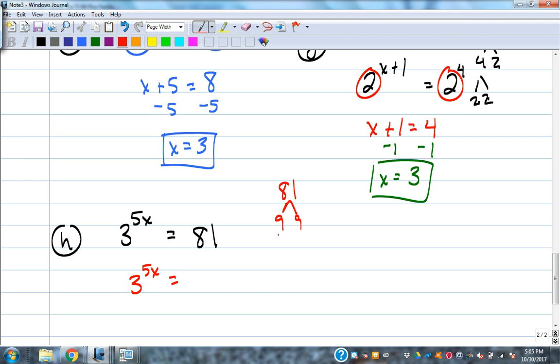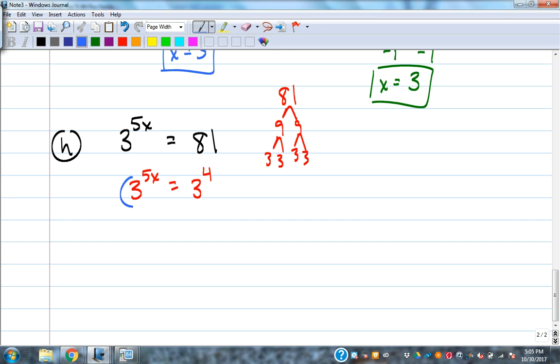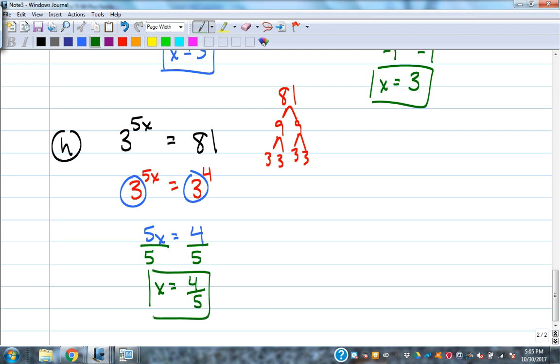So 9 and 9. 3 to the 4th. And then we can drop the 3's because the bases are the same. And now we've got a one-step equation to solve. A fraction answer, and that's quite okay.